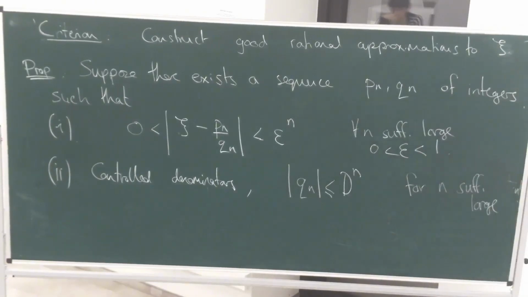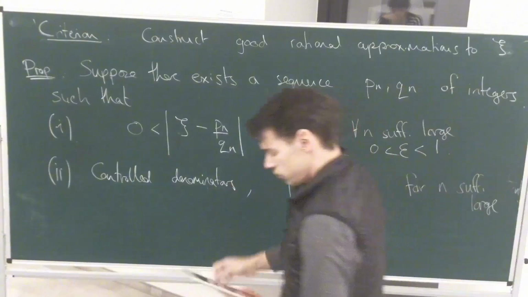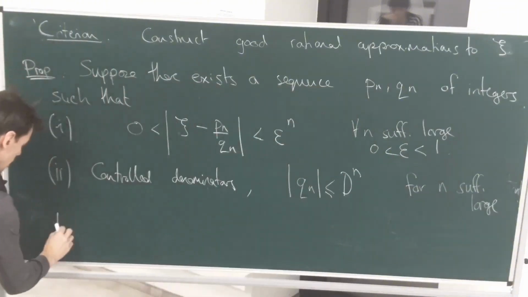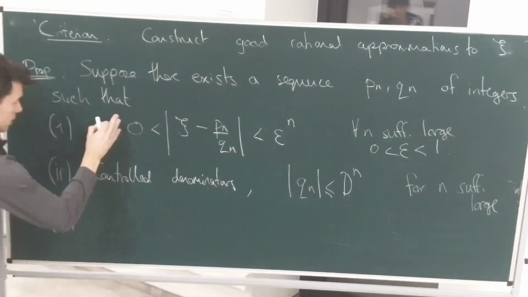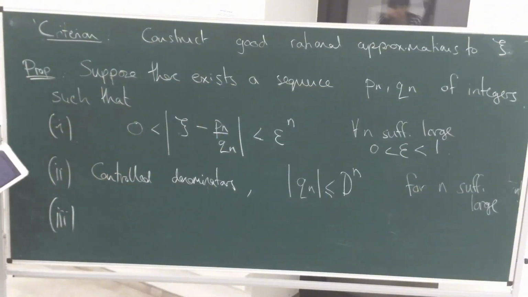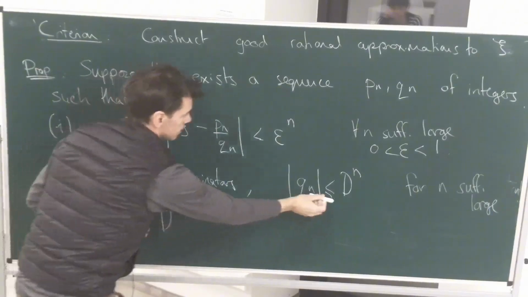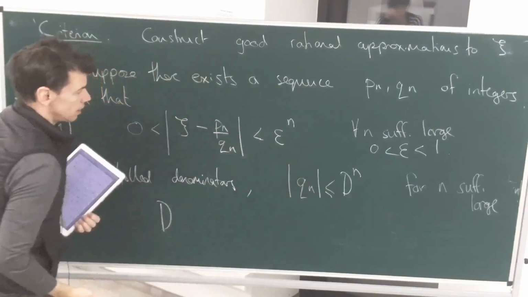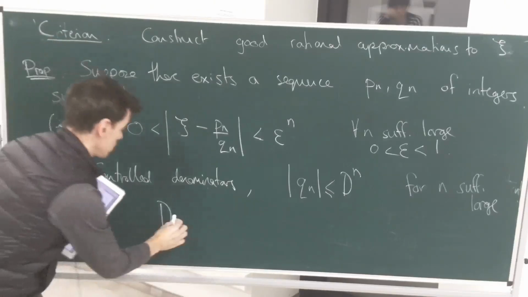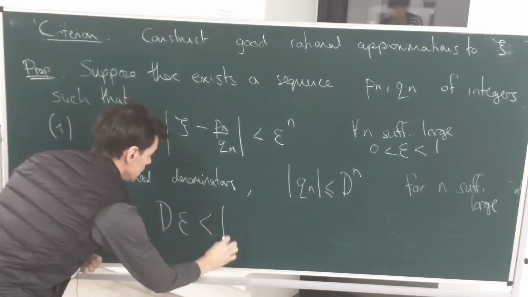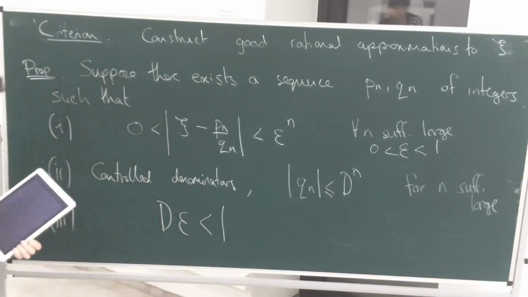So that's very easy to achieve. So far we've really not done anything, because we can very easily fulfill these conditions always. But the tricky part is that we want to connect the denominators to the quality of the approximation, and that's condition 3: that we want d times epsilon less than 1.